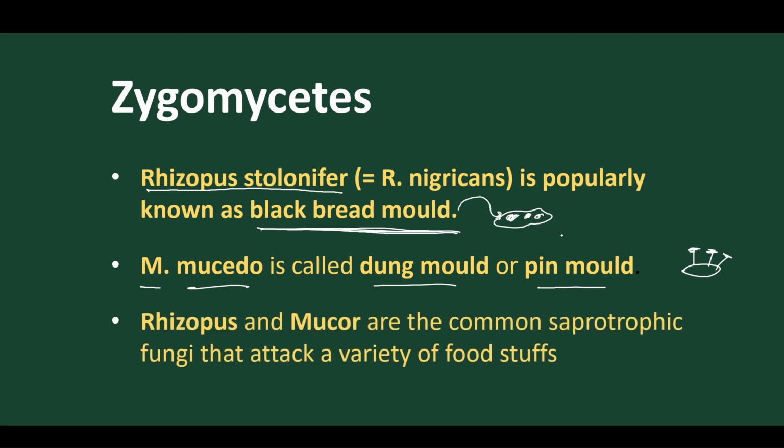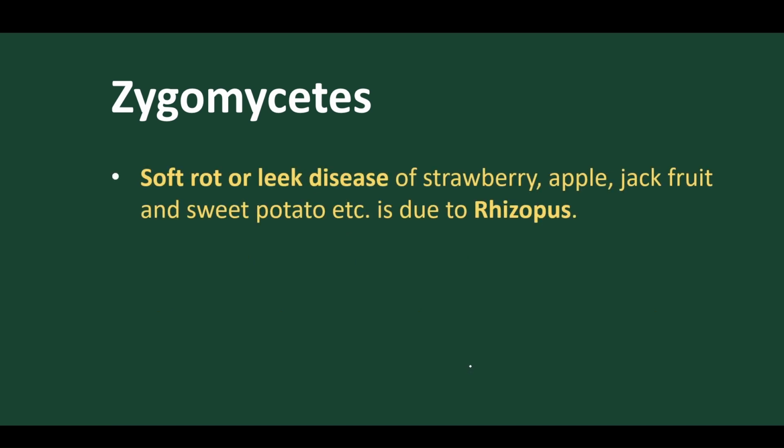So Rhizopus and Mucor are the common saprophytic fungi that attack a variety of foodstuffs. Yes. So these are the group of fungi that causes diseases and attack a variety of foodstuffs. Soft rot or leak disease of strawberry, apple, jackfruit and sweet potato is due to Rhizopus. So we find that on the fruits, some areas have black patches and are very soft.